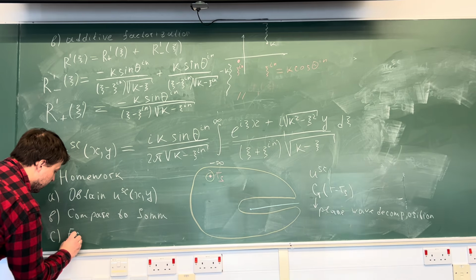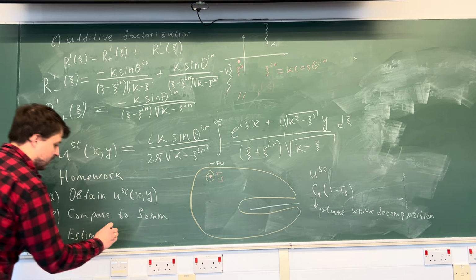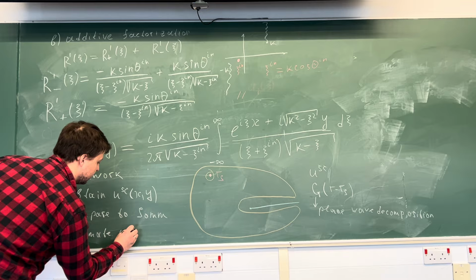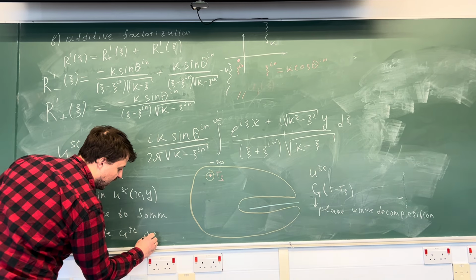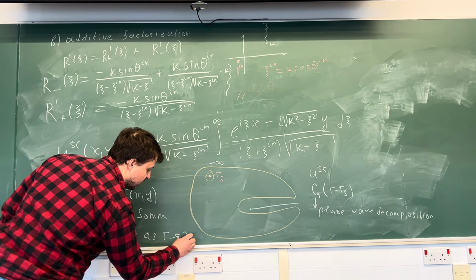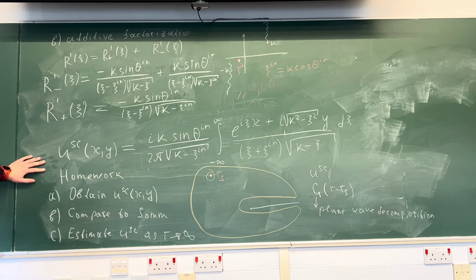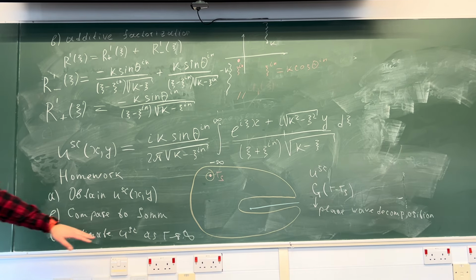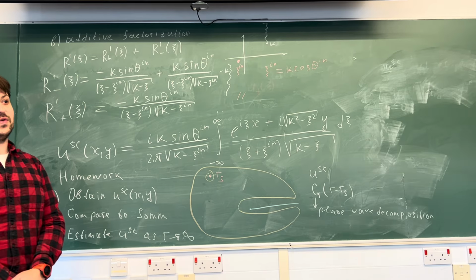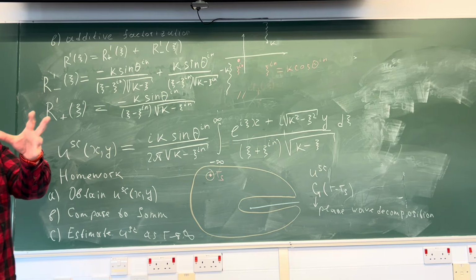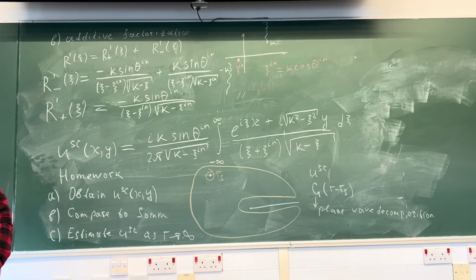And estimate the scattered field in the far field as r tends to infinity. So find the saddle point asymptotics. Of course, you suppose that r tends to infinity, and then you can apply the saddle point method. And you will have a directivity of the scattered field, and a plane wave if you have a reflected wave in your solution.